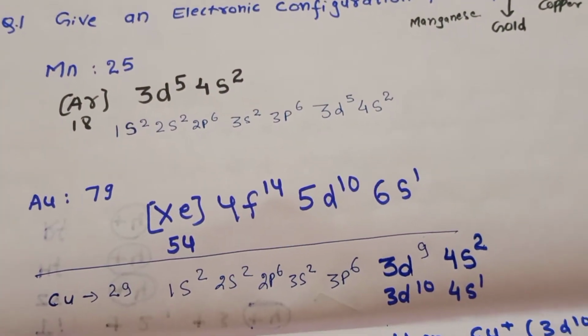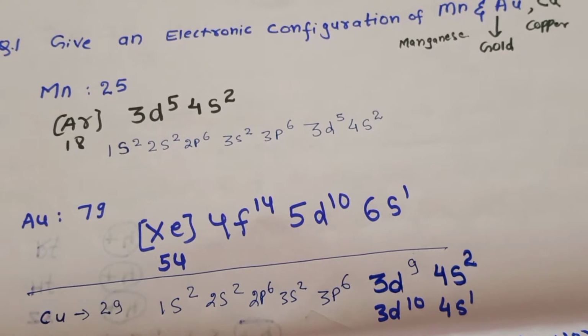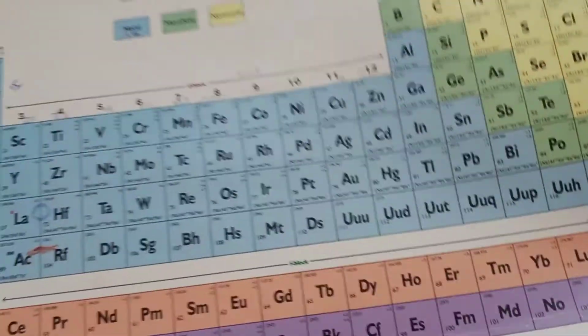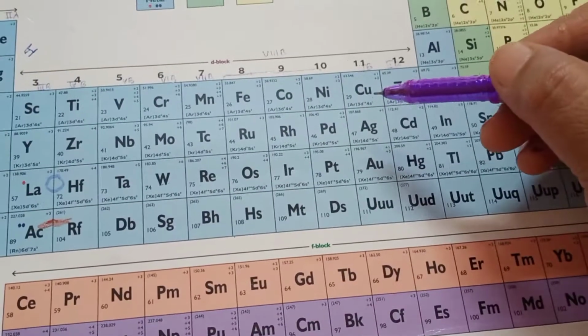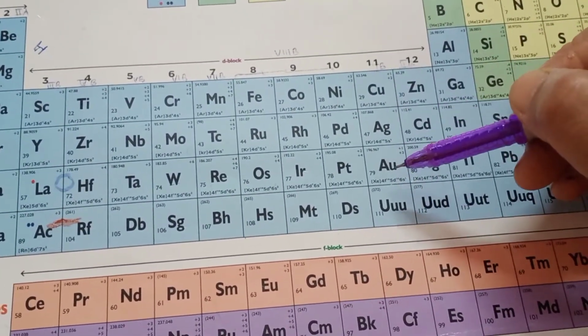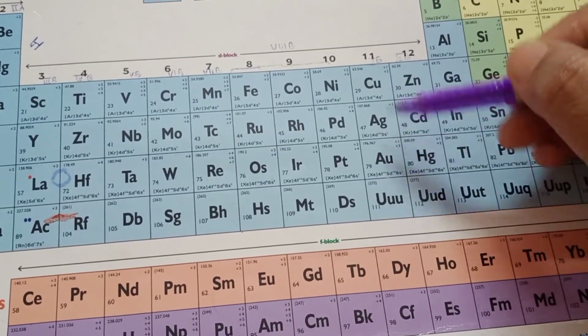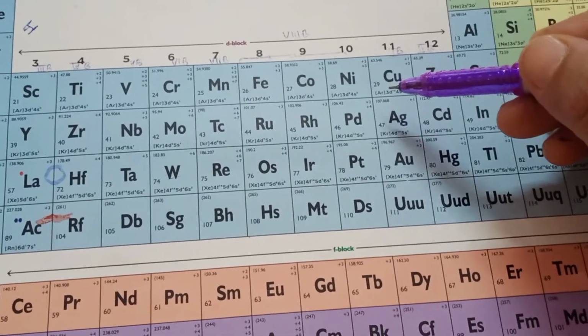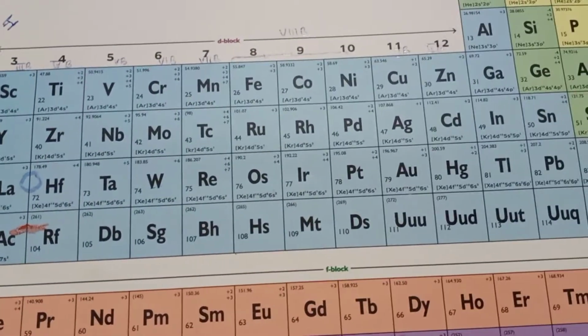And now next is the configuration of copper. So you have to remember the atomic number of gold. How will you remember this? As we know, copper belongs to a group, and gold belongs to this copper group. So here you can see copper is 29. What is the configuration of copper here?